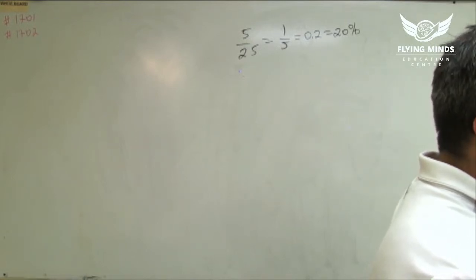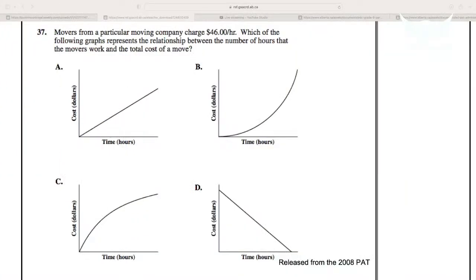Next question. Movers from a particular moving company charge $46 per hour. Which of the following graphs represents the relationship between the number of hours the movers work and the total cost of the move? Again, we need to figure out what type of relation there is between number of hours and cost.